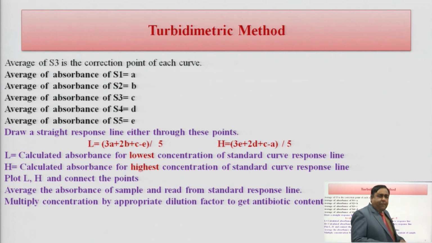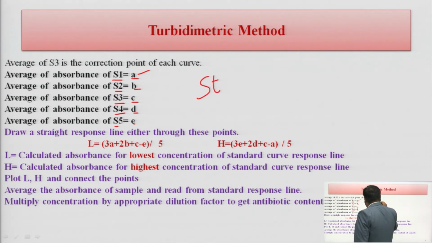Now if it so happens that the absorbance for S1 is a, S2 b, S3 c, S4 d, S5 e, ideally it should be a straight line.